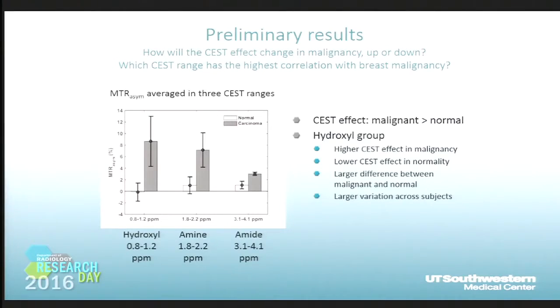So I have a question. When you look at this hydroxyl group, there's literature on differences of exchanging hydroxyl-containing compounds in malignant versus benign, right? So can you guess at what's causing this CEST effect? You mean some kind of biochemical? Yes.